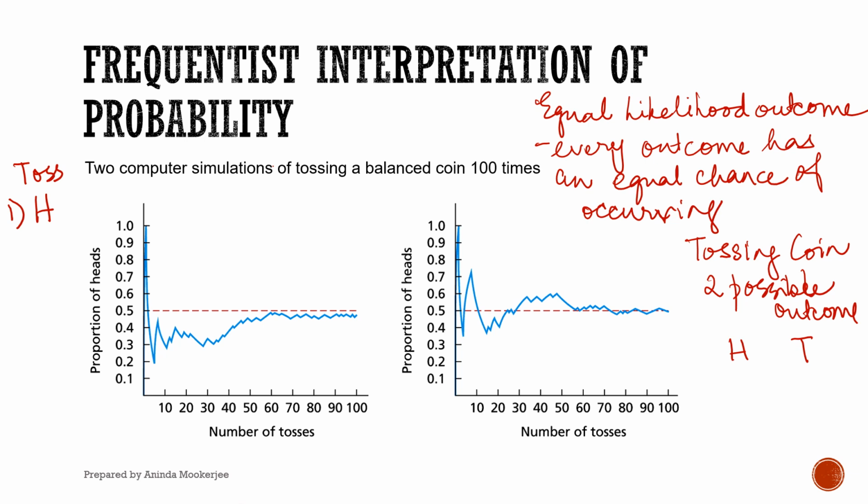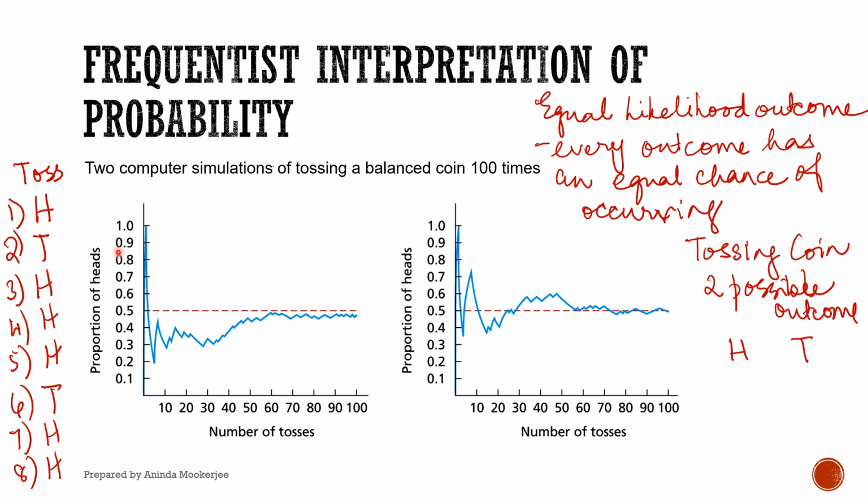So first time it can be a head. Second time it can be a tail. Third time it gets a head, but fourth time can also be a head. Fifth time can also be a head. The sixth time, well, it can be a tail. Seventh time it can be a head. Eighth time it can be a head. And you look at this pattern and you wonder what's going on.